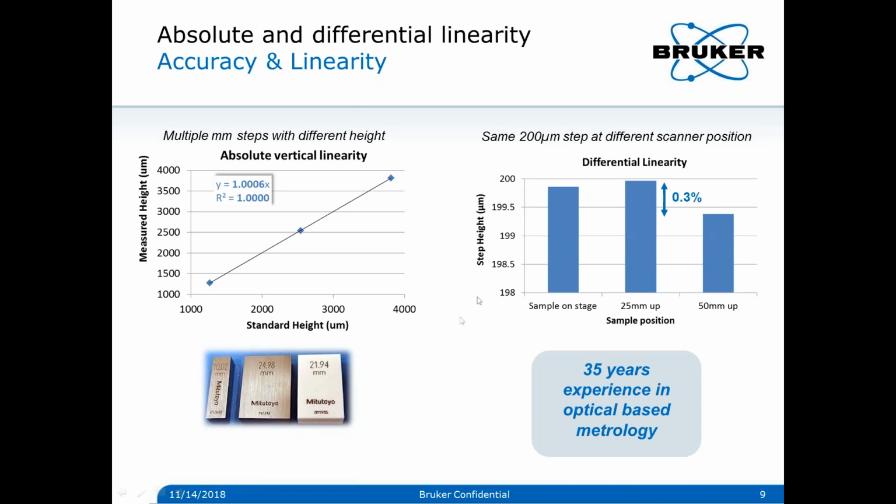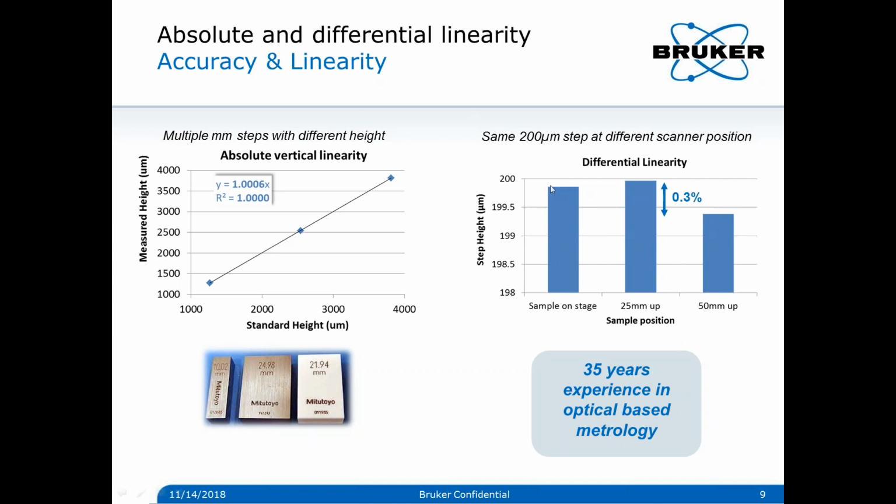Likewise, whenever you want to measure a certain step, you don't want the measurement to be affected by the position along the scanner. With the focus variation technique we have implemented at Bruker, we have almost 80 millimeter scan range.